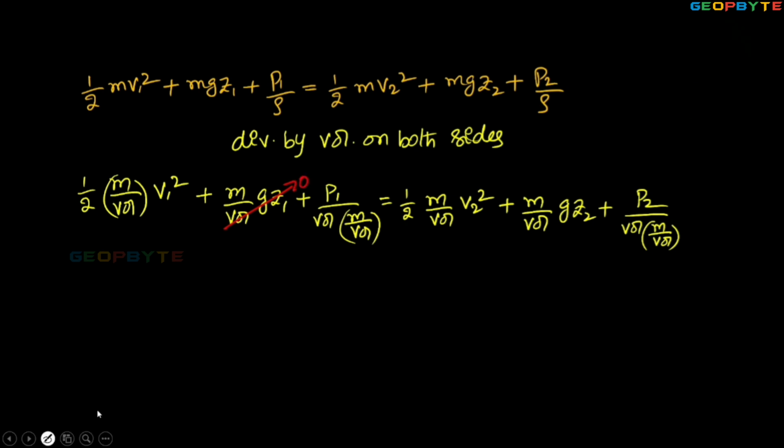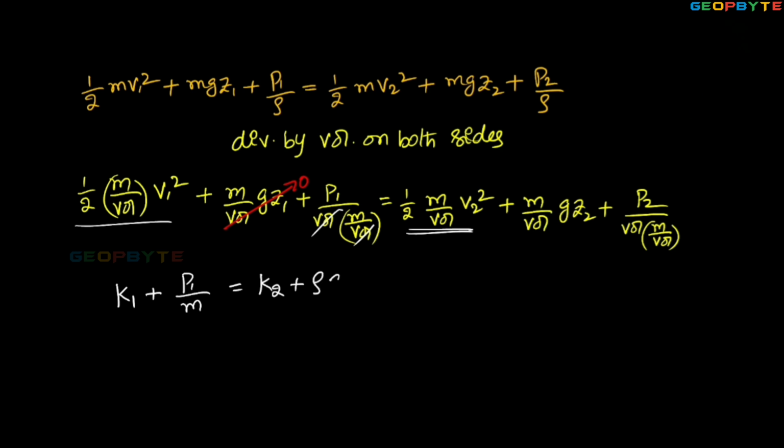Then the very first quantity is kinetic energy per unit volume, that is written as K1, plus, this volume cancelled, P1 by mass, equal to kinetic energy per unit volume at state 2, plus, here it is m by volume, mass by volume is density, rho g Z2, plus, this volume cancelled, P2 by mass.